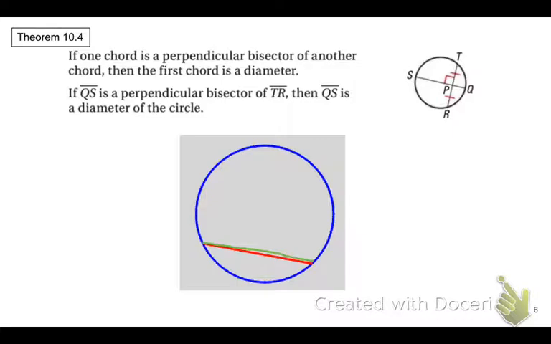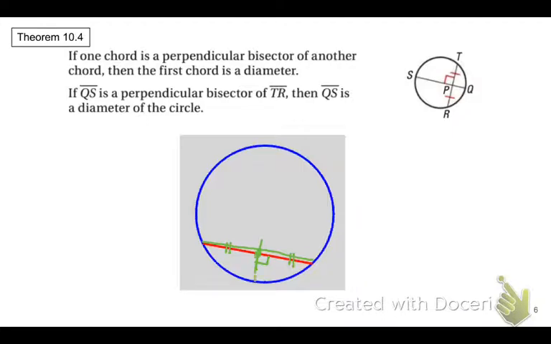If we have a perpendicular bisector of this chord, this perpendicular bisector is going to intersect in the middle of this chord. So this side is going to be congruent to that side. And since it's perpendicular, this angle is going to be 90 degrees. All four angles are going to be 90 degrees.